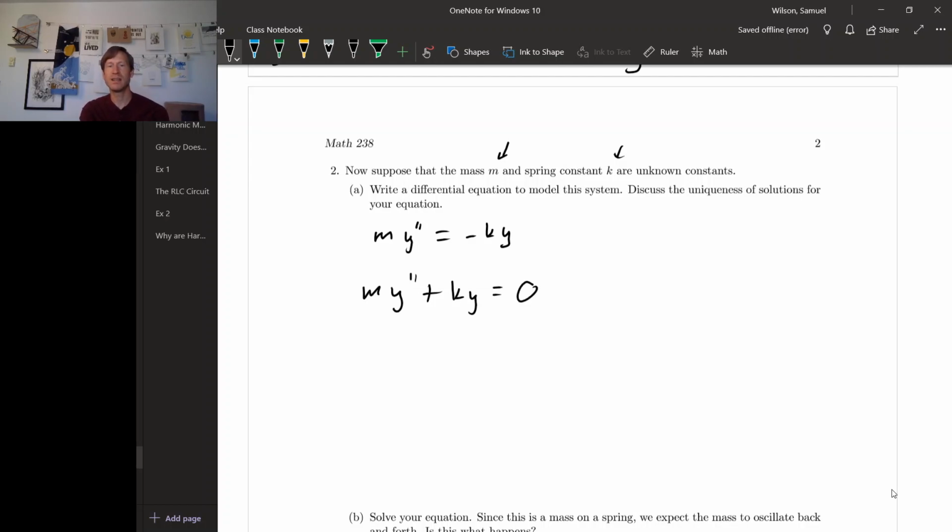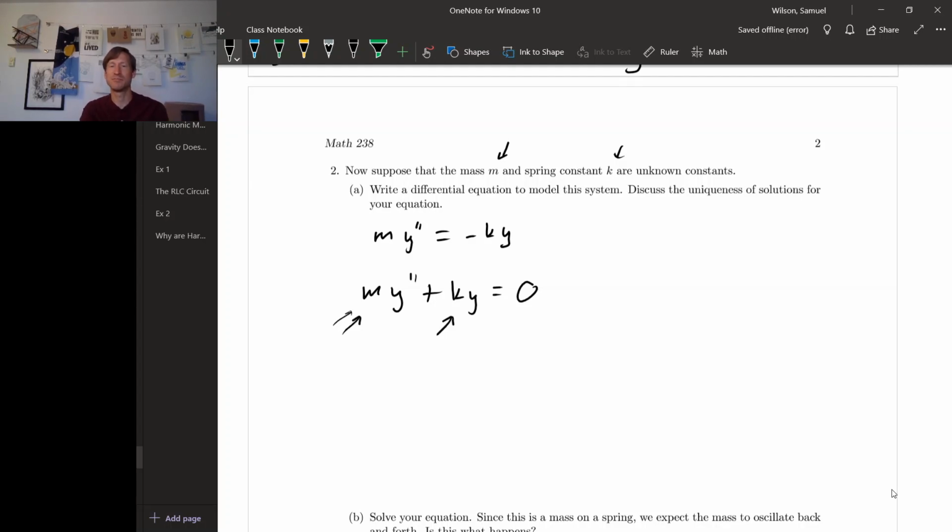And just like in our concrete case where we had actual numbers to deal with, these coefficient functions are continuous everywhere because they're constants, and the leading coefficient function, the mass, is non-zero. So this differential equation will have unique solutions for every initial condition, which is great.